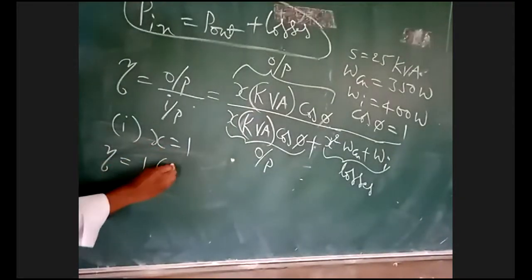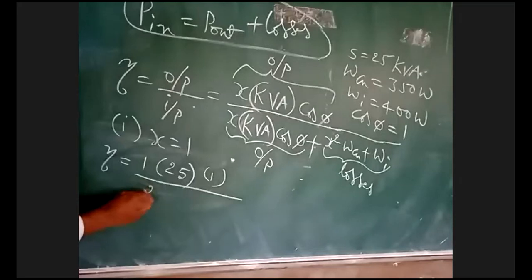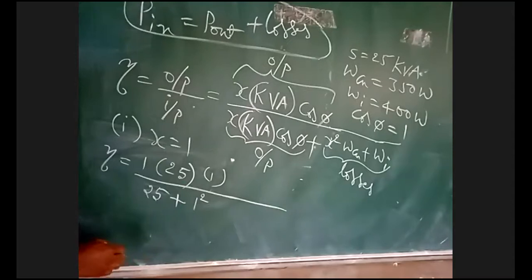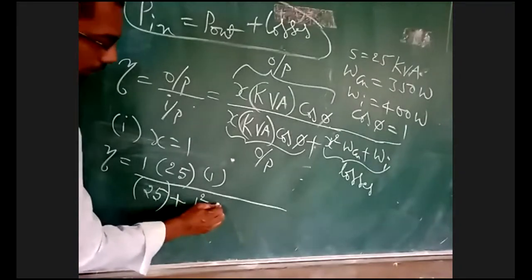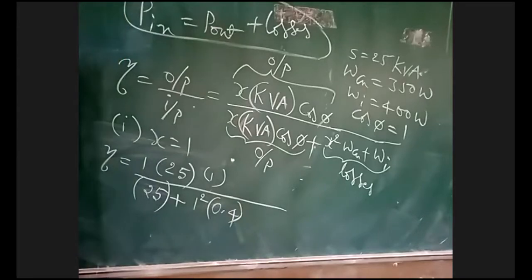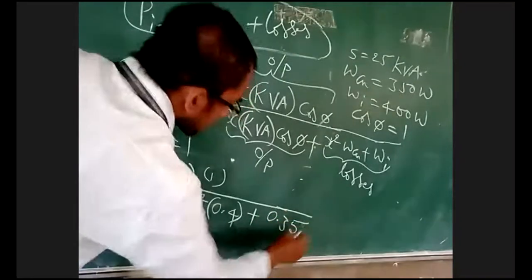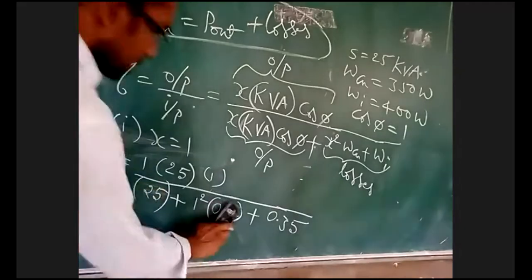Therefore efficiency is equal to 1 into 25 into cos phi 1, divided by 25 into 1 into 1, which is 25, plus copper loss, X square is 1 square, times WCU, I am taking 0.35, plus 0.4.